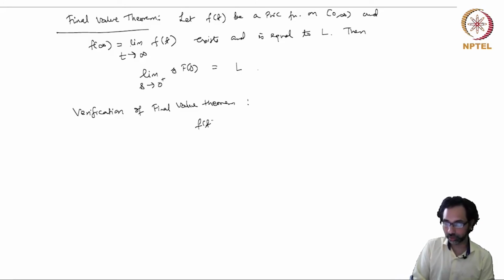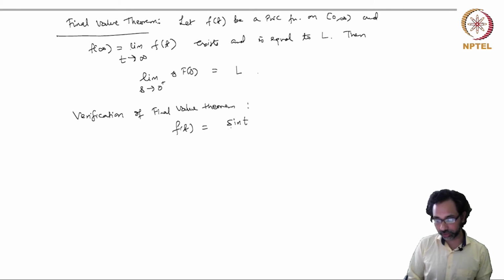So let me take f(t) to be sin t over t, and we know that the Laplace transform of this function is nothing but tan inverse of 1 over s, for s greater than 0.